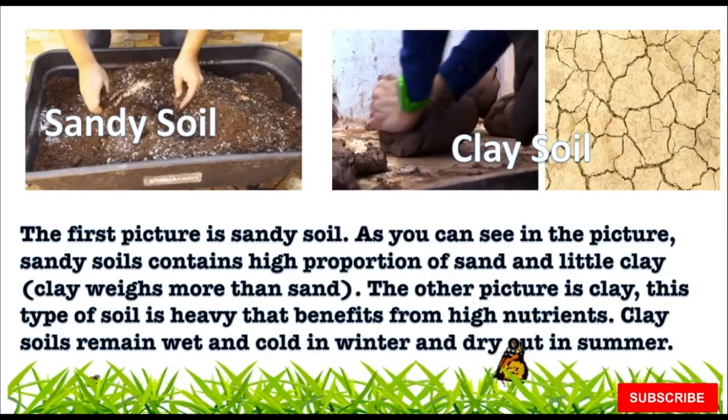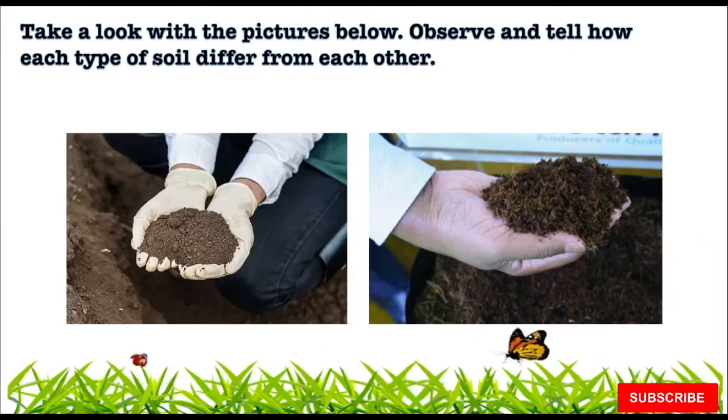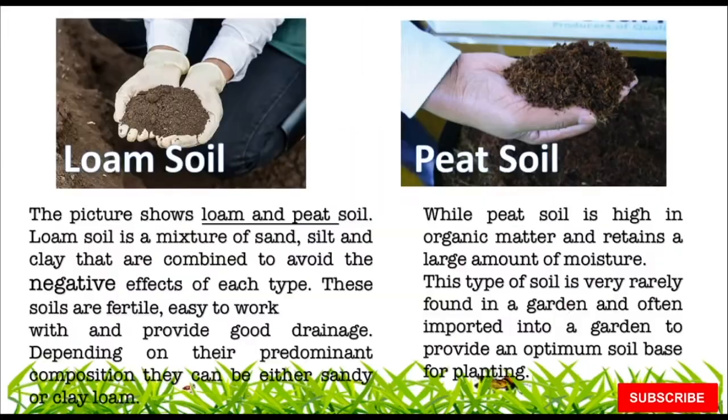Take a look at the pictures below. Observe and tell how each type of soil differs from each other. The picture shows loam and peat soil. Loam soil is a mixture of sand, silt, and clay that are combined to avoid the negative effects of each type.